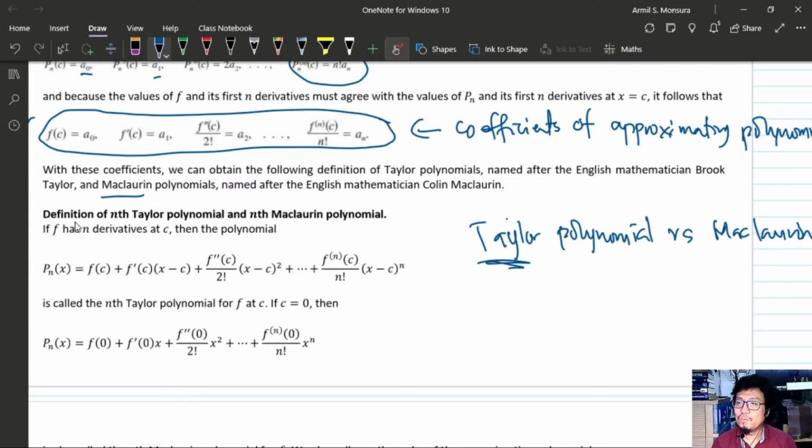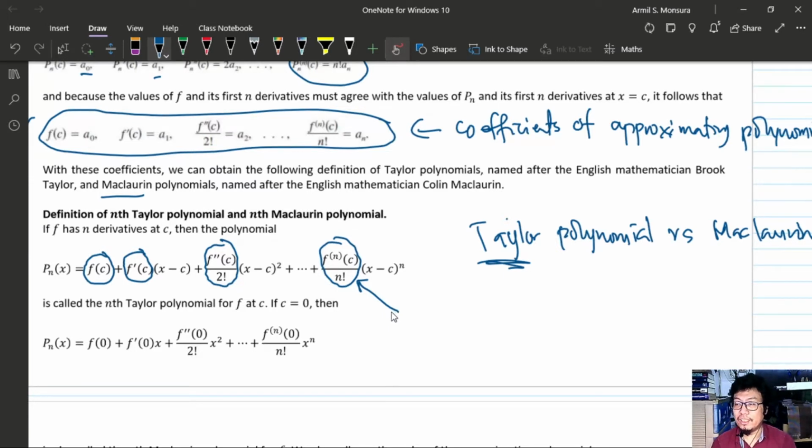Okay. So definition of Taylor polynomial and nth Maclaurin polynomial. If f has n derivatives at c, then the polynomial, as you can notice, we have now replaced your coefficients with your a0, a1, a2, up to an, with these values based on your function values and their derivatives.